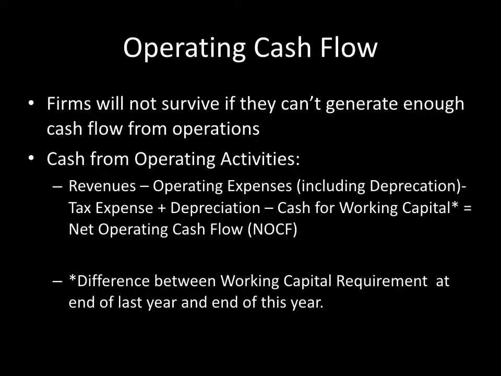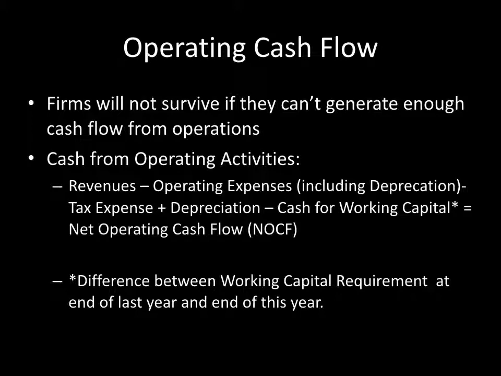What we're really trying to first get at is the operating cash flow. In other words, based on the operations of the company, are we generating enough cash flow, taking into account timing differences? Kind of the broad way of measuring it, you can see cash from operating activities is typically revenues minus the operating expenses, including depreciation.